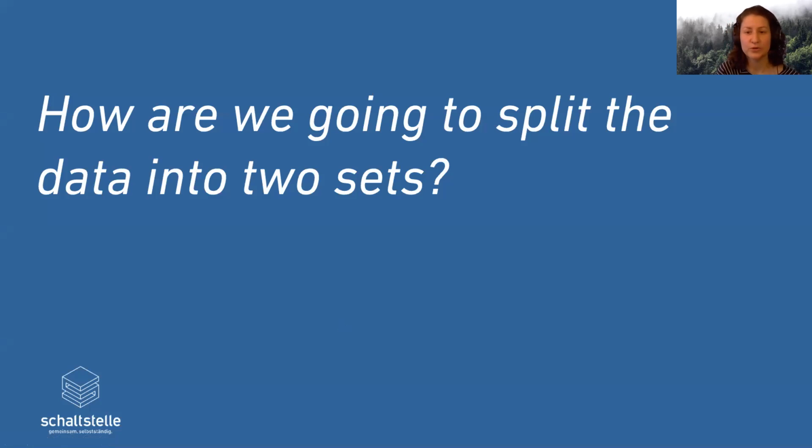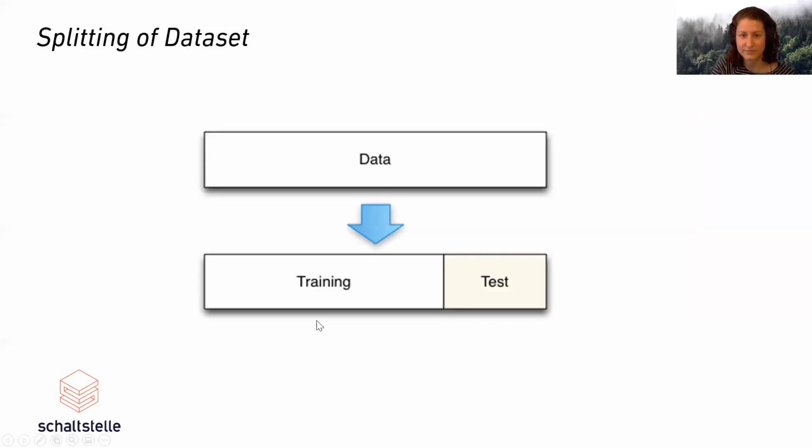Now that we know which algorithm to use, how are we going to split the data into two sets? The thing is, you cannot test with the same data that you used for training the model. That's why you need to split them. You still want to use as much data as possible, but also need a certain amount of the data to test the model.